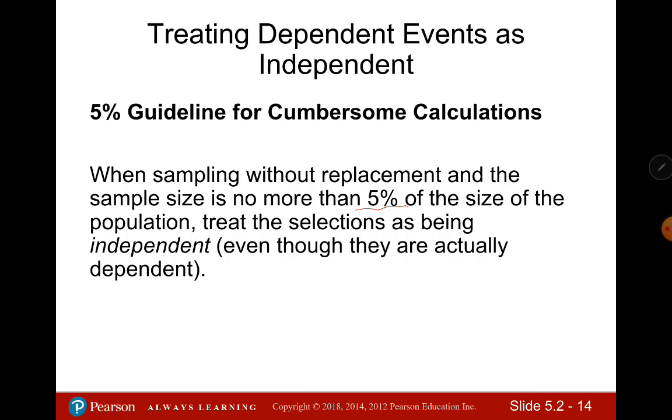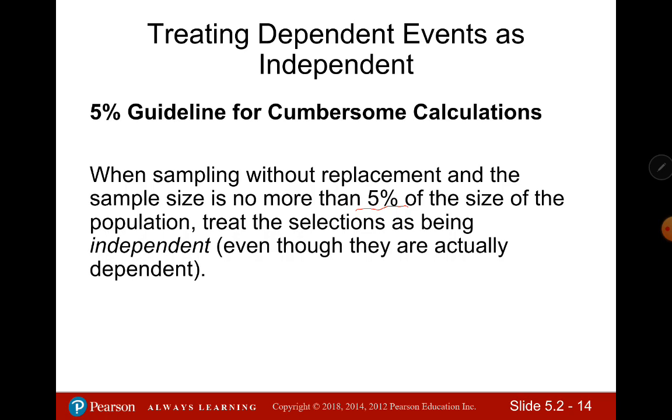If the sample size is very small and the population size is large, let's say we have this rule: if the sample size is no more than 5% of the population size, then we treat all the selections as independent, even though they are actually dependent.